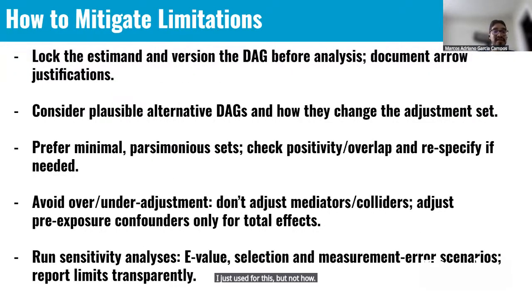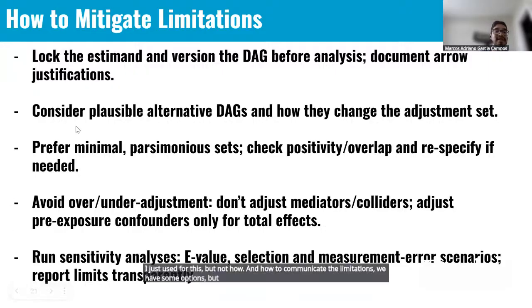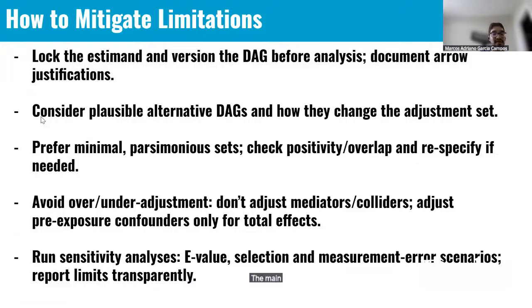And to mitigate the limitations, we have some options, but the main ones I consider are to prefer a minimal and parsimonious set, check positivity, overlap, and respecify if needed.